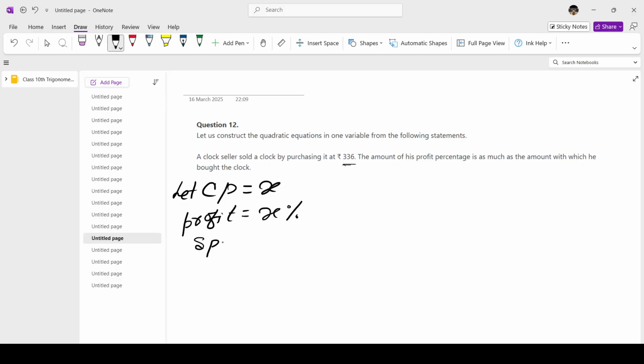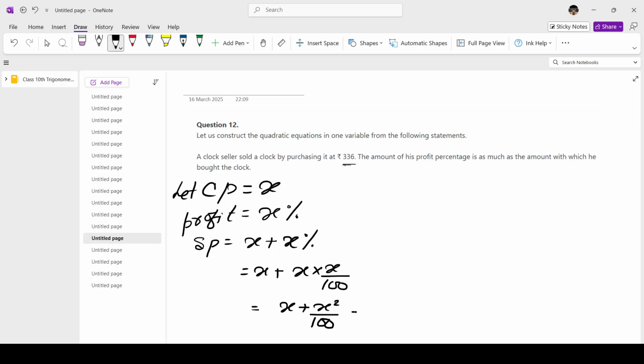So selling price is what? Selling price is cost price plus profit. Okay. So this will be x plus profit, and cost price plus profit is x plus x square by 100 is 400.